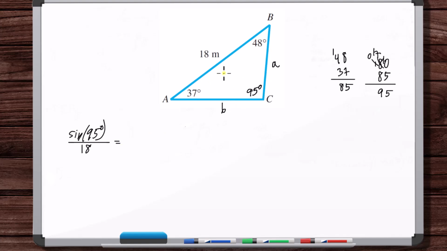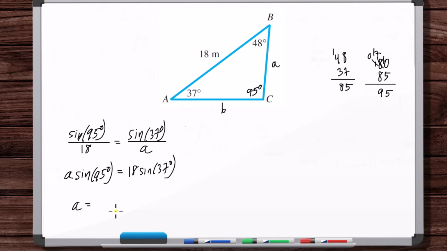Okay, so let's do sine of 95 over 18 is equal to, and now we just pick either one of these. So let's do sine of 37 over A. So cross multiplying, A sine of 95 is equal to 18 sine of 37. So A is equal to 18 sine of 37 over sine of 95.